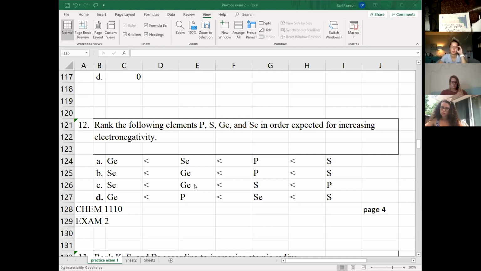Now, sulfur is the largest. So I'm looking at A and D, and sulfur is in the right place. So I am forced to make this other condition to distinguish between the two. So the next smallest would be phosphorus. See, this is the furthest away from its row. So that would be phosphorus, and then selenium would be next. So it is response D from what we did in the ranking.